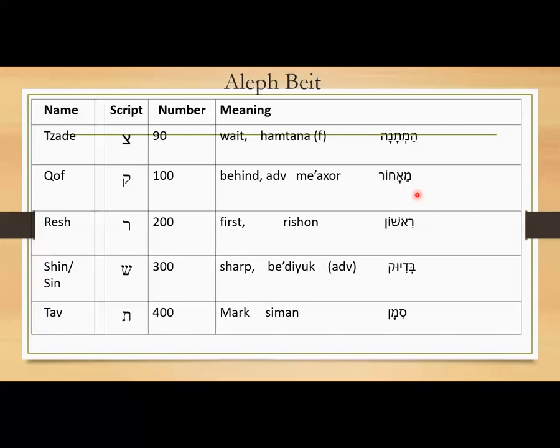It will be behind. Ani me'achor ata. I am behind you. Me'achor, ma'achor. Same difference. Here it is an a, so if you'd like to say ma'achor, that's fine. Okay.